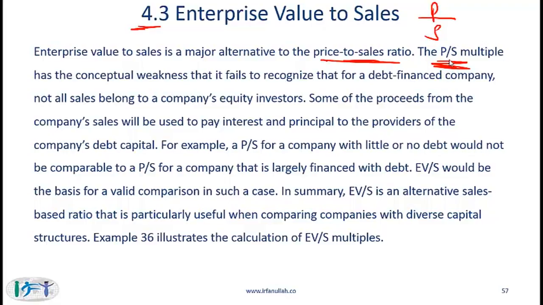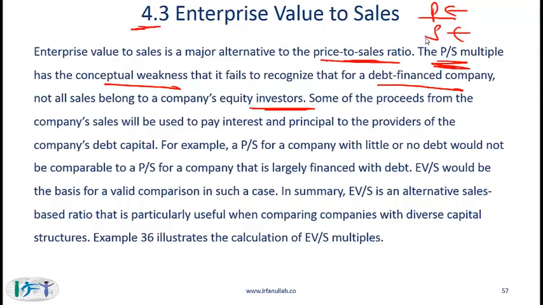But there's a fundamental issue with price to sales. The price to sales multiple has the conceptual weakness that it fails to recognize that for a debt finance company, not all sales belong to equity investors. So the P is the price of a stock. So this obviously is a common stock or equity holder perspective.